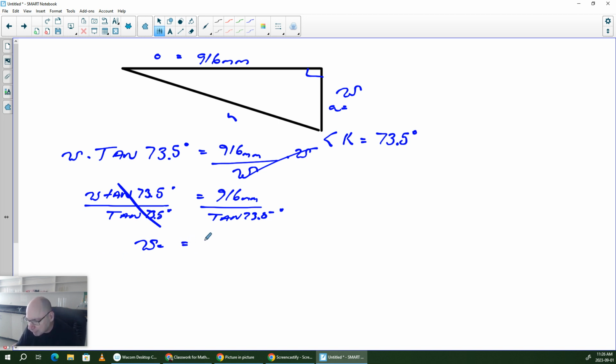So this is going to be equal to 916 millimeters, and this is 3.376 if I round it off there. And that will give me an answer when I take my 916 and I divide it by 3.376 of 271 millimeters.